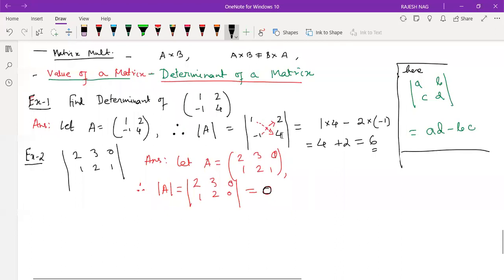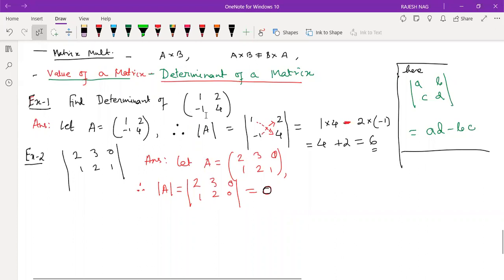So 1 into 4 minus. Remember, you have to use this minus symbol everywhere whenever you calculate the determinant. 1 into 4 minus 2 into minus 1, so minus plus. But this is a rectangular matrix, that is not a square matrix.